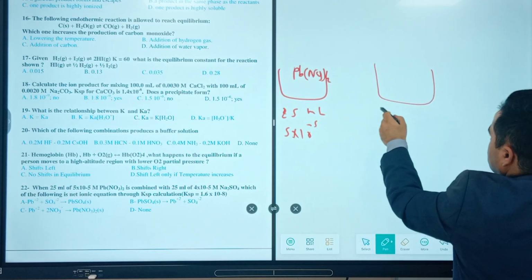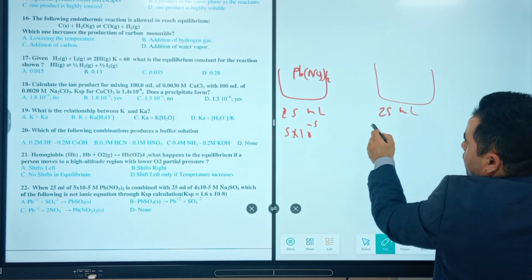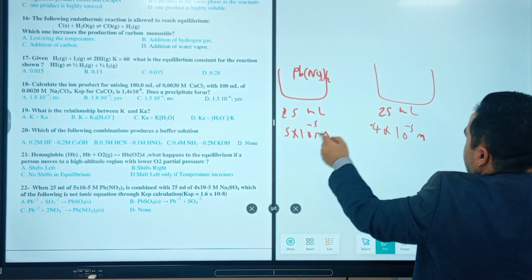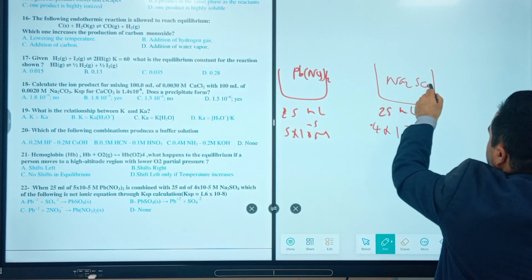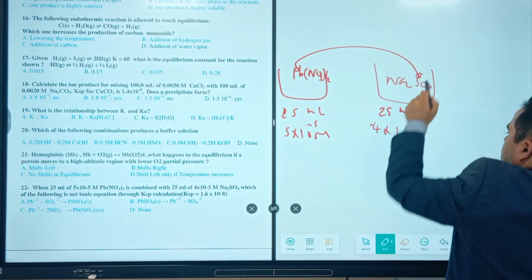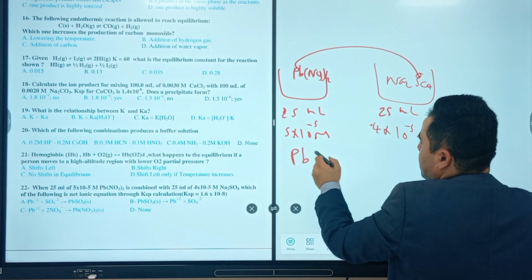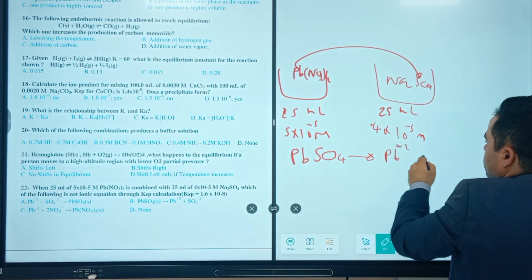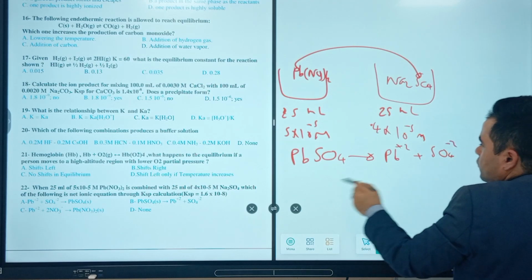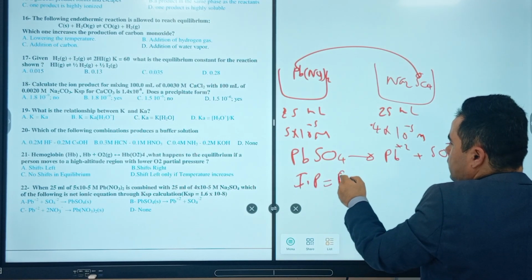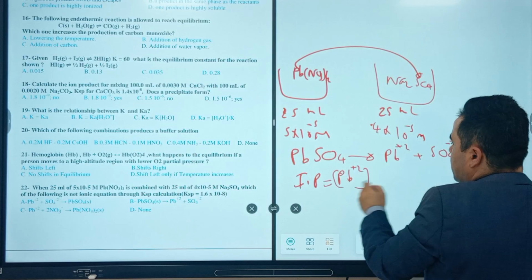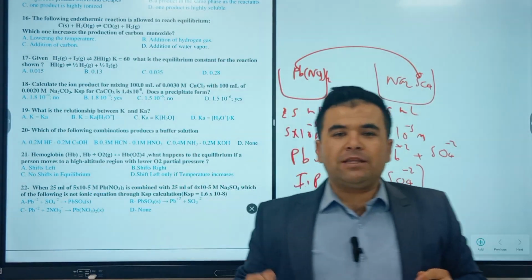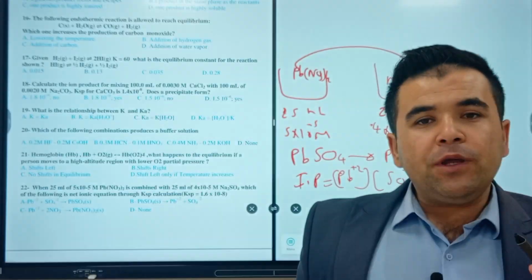The second solution is 25 milliliters of 4×10^-5 molar Na2SO4. The PbSO4 will be the insoluble, sparingly soluble one. PbSO4 produces Pb2+ plus SO4 2-. IP is equal to Pb2+ multiplied by SO4 2-. The question asks for the net ionic equation, guys.